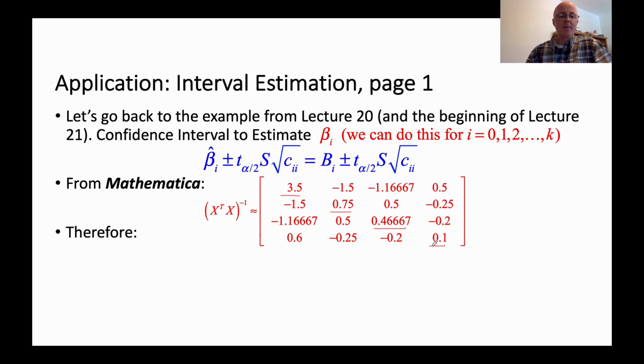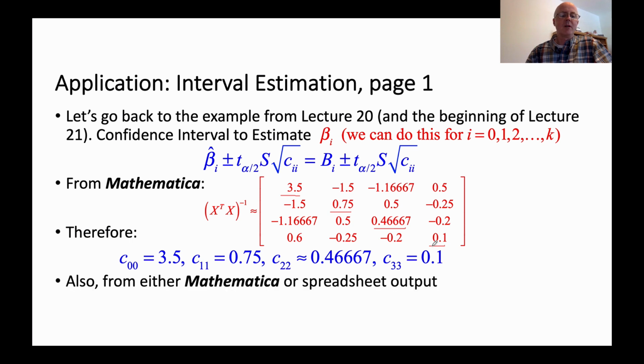C33 is 0.1. That's what I have here. Also, from either Mathematica or spreadsheet output, you can find the regression standard error. Its observed value turns out to be about 3.64618. Notice I'm dividing by n minus 4 in here, because k is 3. So n minus k minus 1 would be n minus 4.